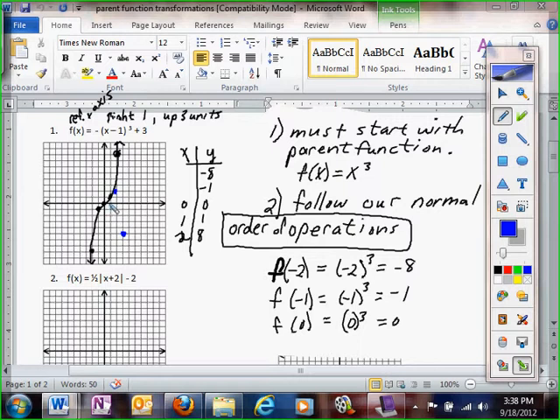Sorry, I'm on this point. Right 1, reflect in the x. If I go right 1 here, it doesn't reflect in the x because it's on the x, and then I need to go up 3 units. Then this point, right 1, reflect in the x, up 3. Right 1, reflect in the x, up 3, and then trace it out.